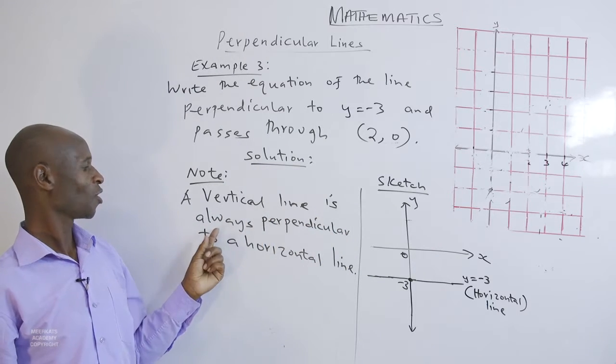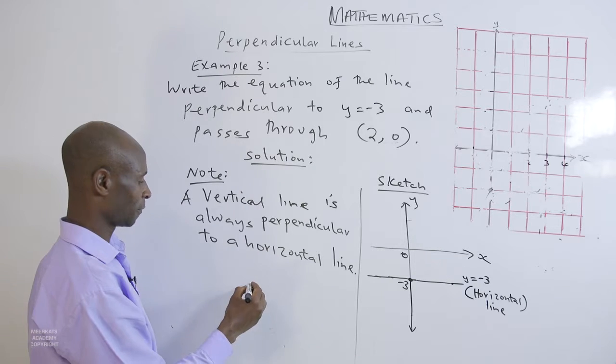So a vertical line is always perpendicular to a horizontal line.